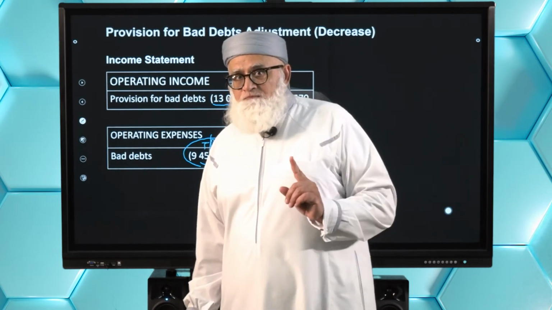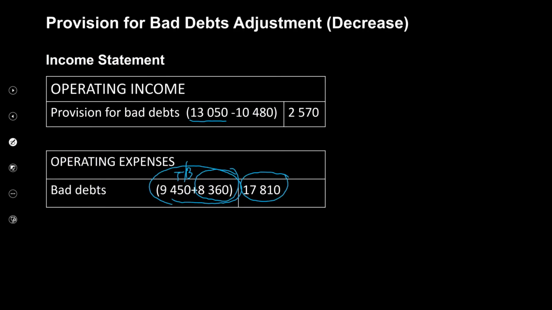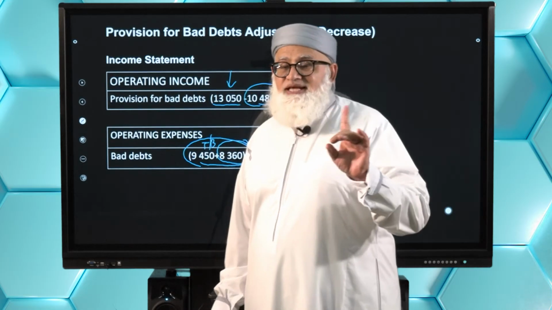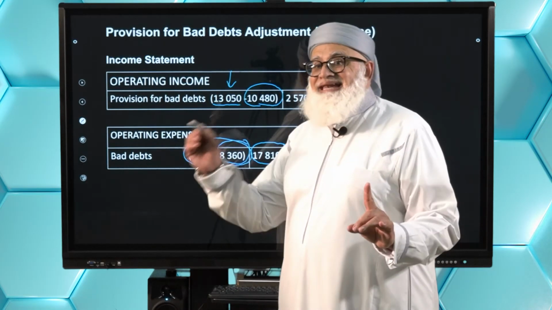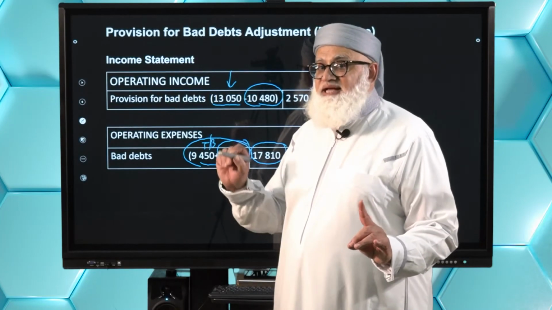So therefore, if I've got a current provision of 13,050 and they're telling me that my new provision must be 10,480, if I subtract, I can clearly see that my current provision is too much. Therefore, what do I have to do? I have to reduce it, thereby debiting the provision for bad debts and crediting my adjustment account.